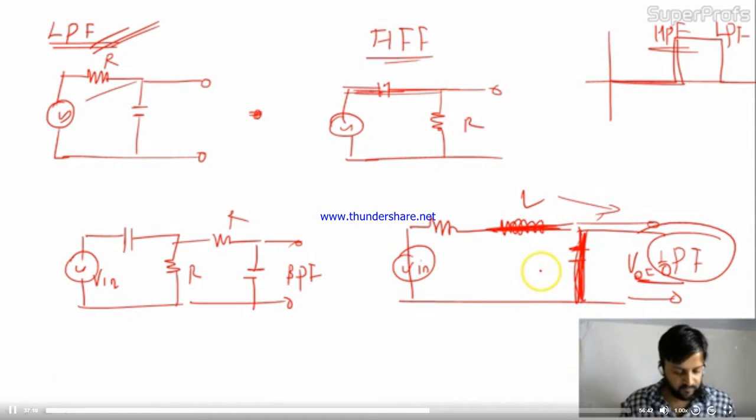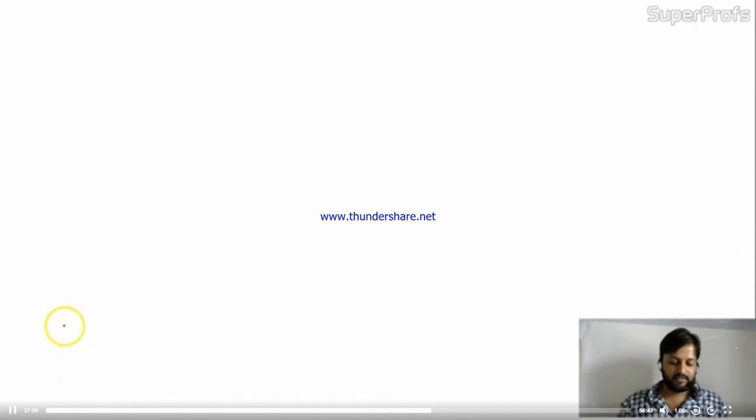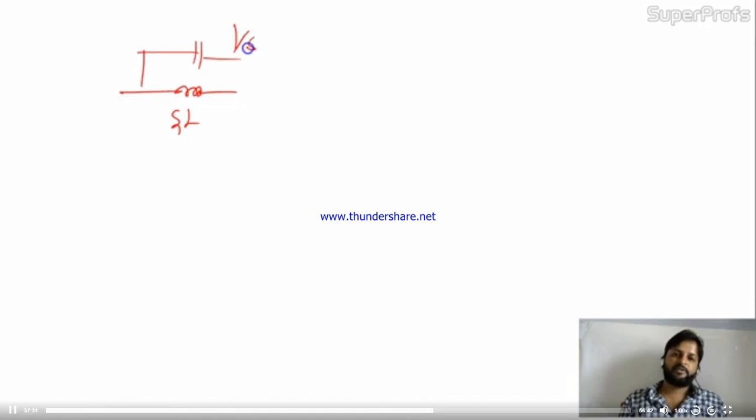Okay. Now let's come to the BSF, or band reject filter. Band stop filter you can say, and band reject filter also. So in the band reject filter the circuit has the inductor and capacitor connected in parallel. The combination of these two creates this band reject filter phenomenon.